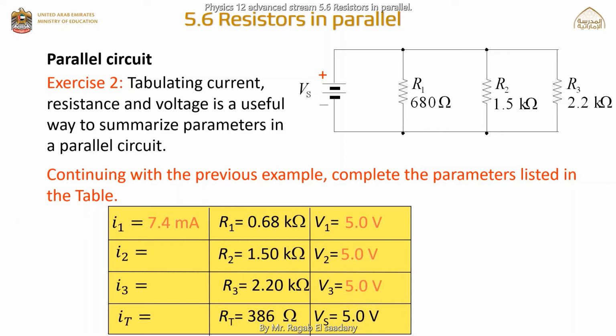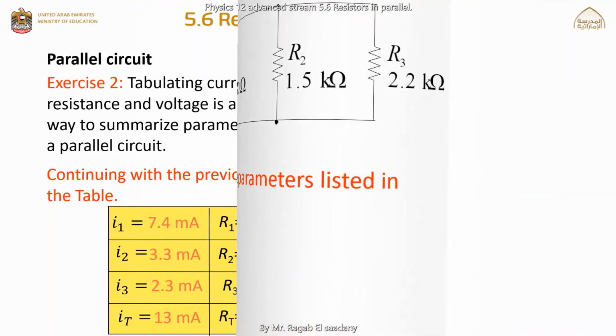And by using Ohm's law, I1 equal 7.4 milliampere and I2 equal 3.3 milliampere. I3 equal 2.3 milliampere and the total current equal 13 milliamperes.